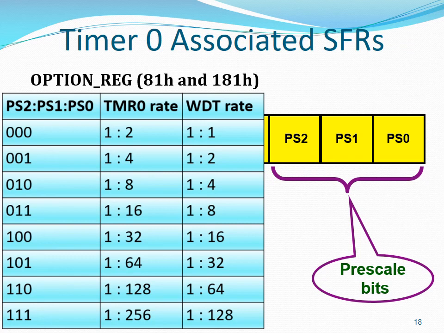For instance, if the bits PS2, PS1, and PS0 are set to 010, the prescale rate for the timer is 1 to 8, and the prescale rate for the watchdog timer is 1 to 4. If the bits are set to 101, the prescale rate for the timer is 1 to 64, and the prescale rate for the watchdog timer is 1 to 32.